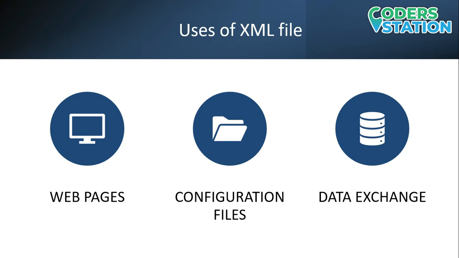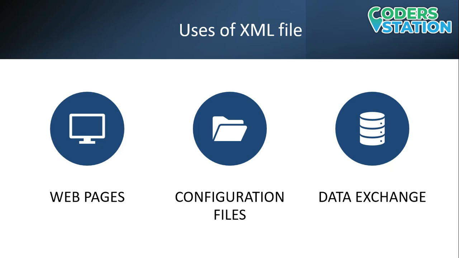Similarly, if we are making a web application, the web application will also have its own XML file, and that is nothing but a configuration file for that particular web application. So it can be used as a configuration file, which is easy to read and write. Because of its self-describing format, it is easy to understand the structure and the purpose of the configuration file.